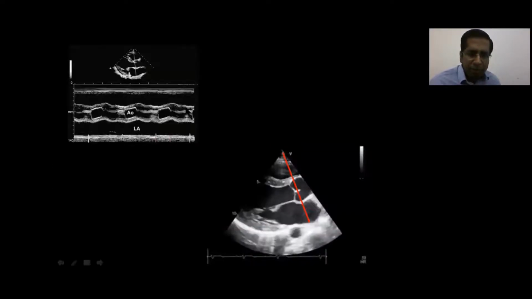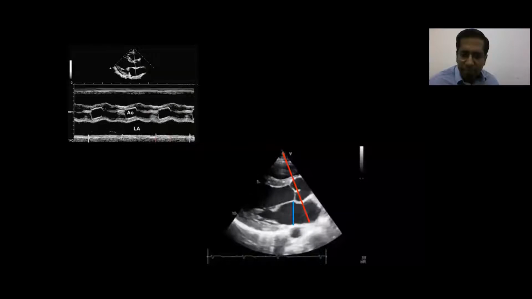Now, just a few things about M-mode and how we take it. So here we have taken the M-mode, this is how we have cut it. When we say measurement of the aortic root, we might be quite okay with it. But what you can see here is that the left atrial dimension is also taken in the same view, in the same particular cut. So what you might get as left atrial dimension may not be the most accurate dimension, because what you see here in blue is different.